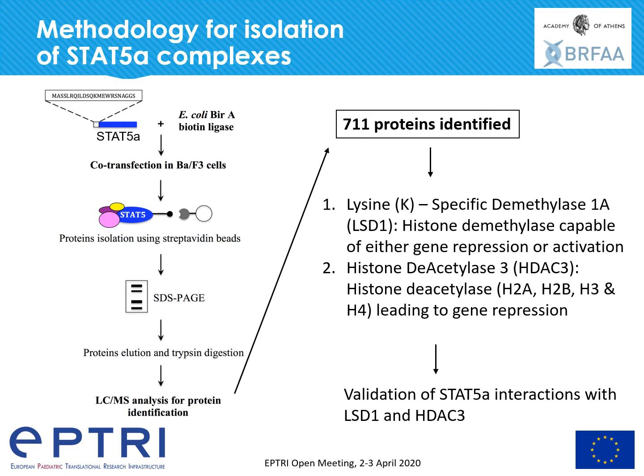The first step of our work was to validate the interactions of STAT5A with LSD1 and HDAC3 with immunoprecipitation, streptavidin beads pull down, size fractionations, and various other biochemical experiments.